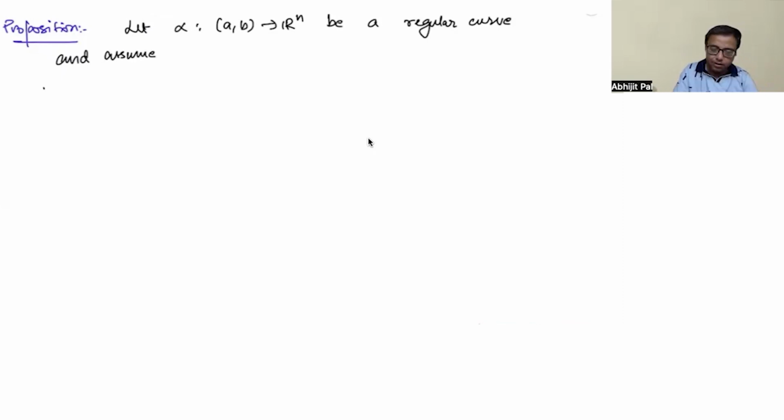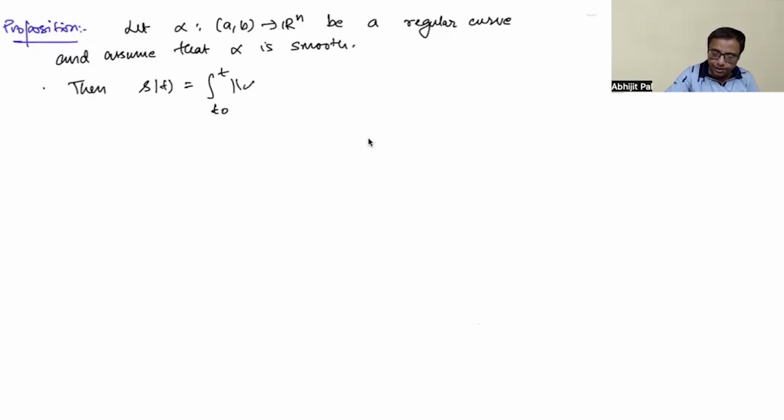Then s(t) is this following integral. Then s(t) is a smooth increasing function.